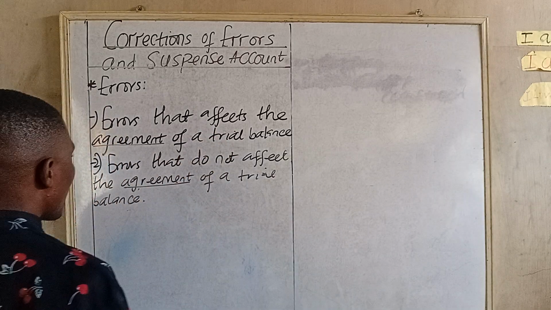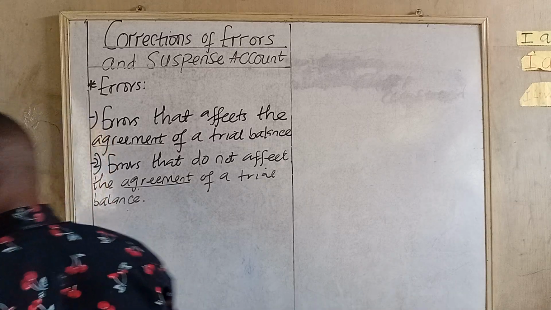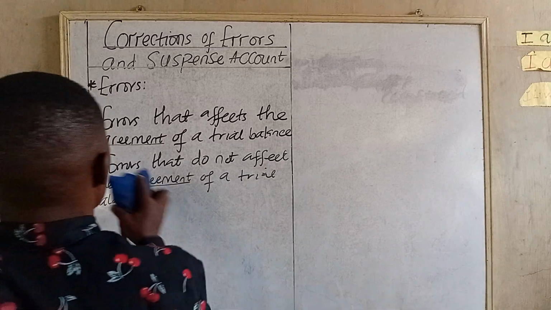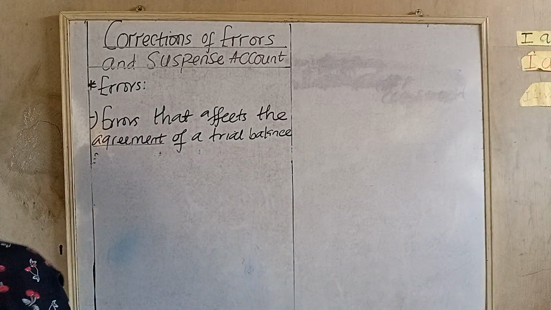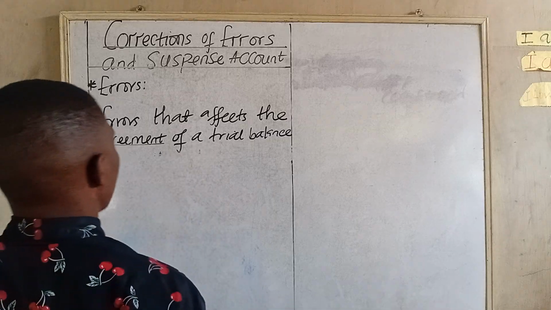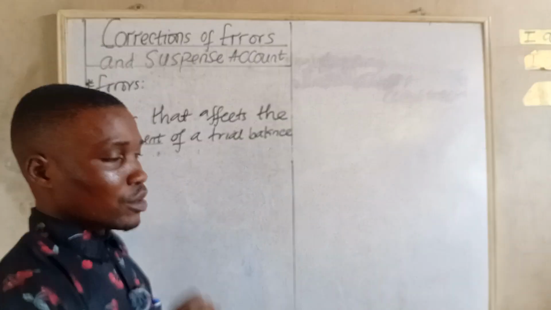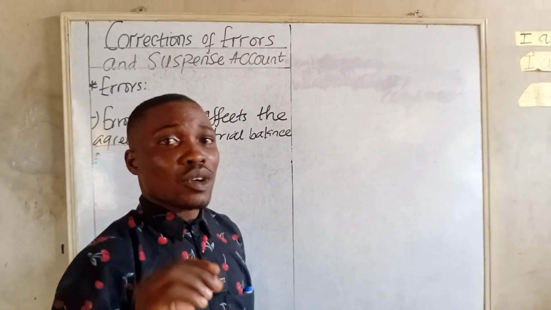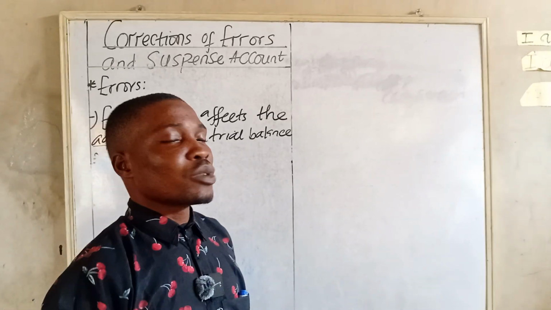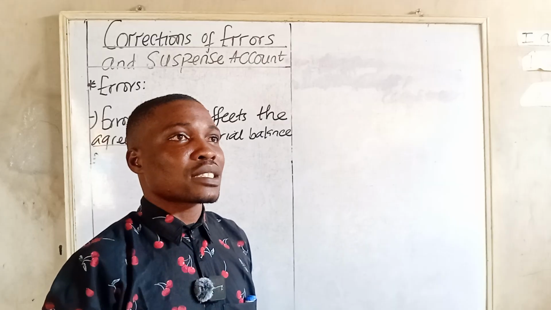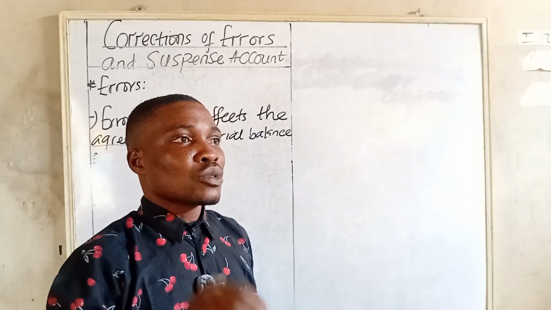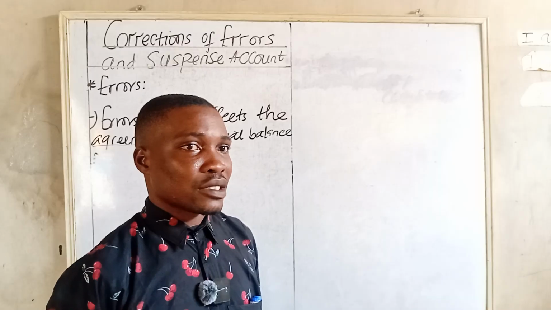Number one, let's pick the errors that affect the agreement of a trial balance. We have 4 errors that, when they occur, will affect the agreement of a trial balance. It means that your trial balance will not balance.